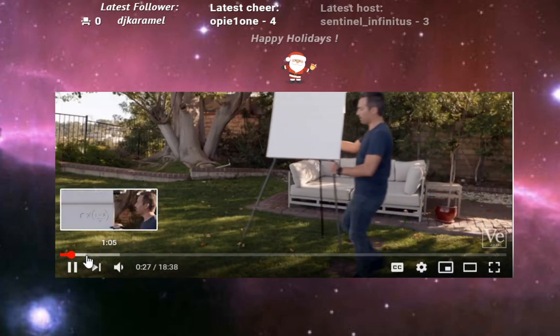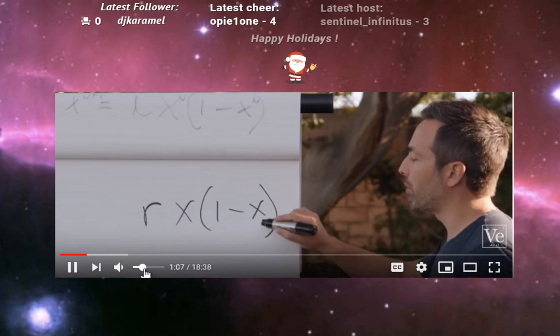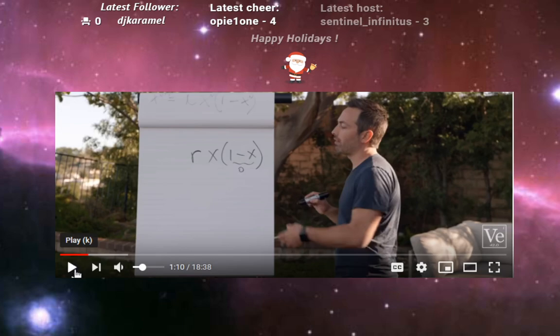Well, we're not really interested in that, but anyway. So it goes from 0 to 1. As x approaches the maximum, this term goes to 0. And basically what all this means is that you're taking a bunch of numbers, iterating, so you take this x number, and that result is added to the next x number, and you take the next x number and put it back into the equation.